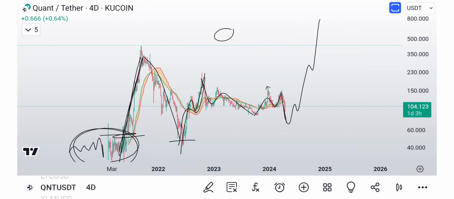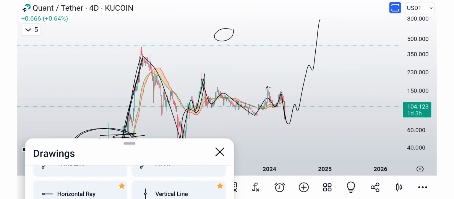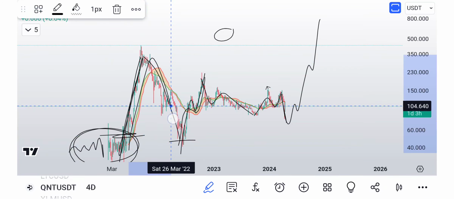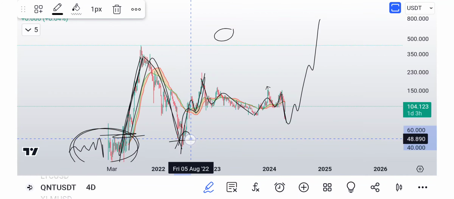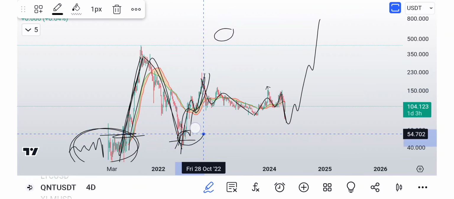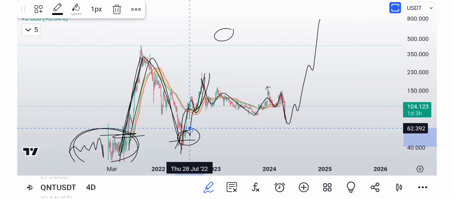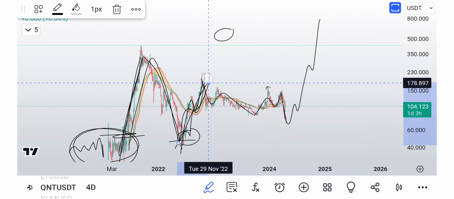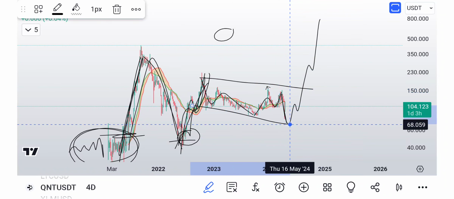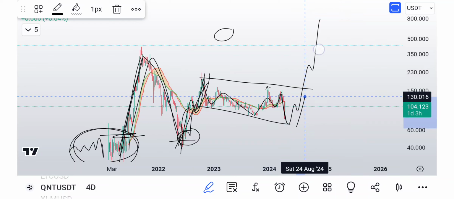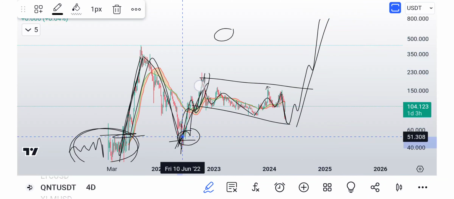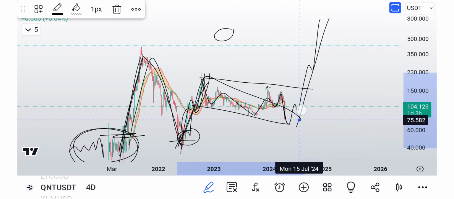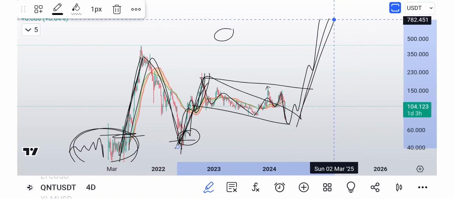And then this whole thing is 1, 2, and then if you count 1, 2, 3, 4, 5 down in here on the smaller time frames, you could say it's a 1, and then all of this is 2, a complex 2, before getting that 3rd wave higher. But then it could be a big A, B, and a C, right?